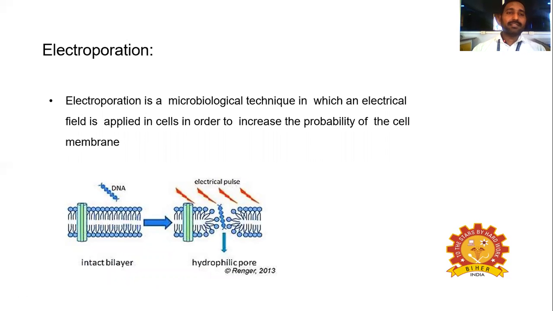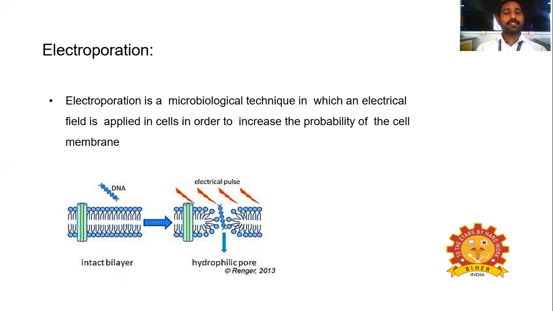This is another method, electroporation. Electroporation is a microbiological technique in which an electric field is applied to a cell in order to increase the permeability of the membrane. If we increase the permeability of the membrane, we can push the vector molecule, or the recombinant vector, into the cells.